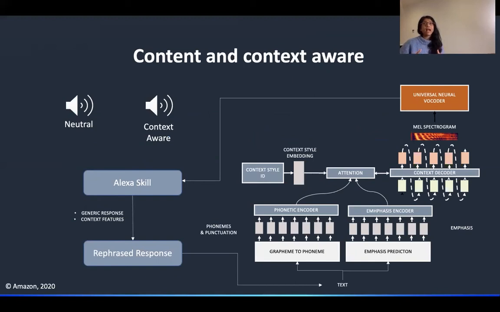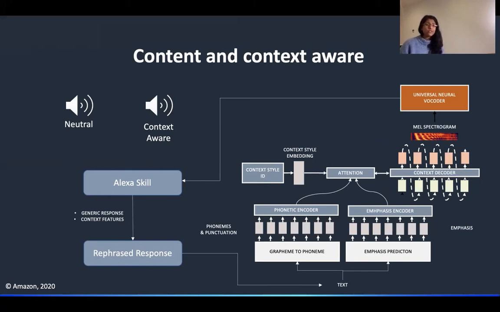The idea is that we should be able to rephrase a very generic Alexa response like, hey, to something more like, hi, what can I do for you? Which is more reflective of what the Alexa skill intention is. And also to incorporate what the user had said before and what the intention of the user was. And this gives the user the impression that the system is adapting to the conversation.